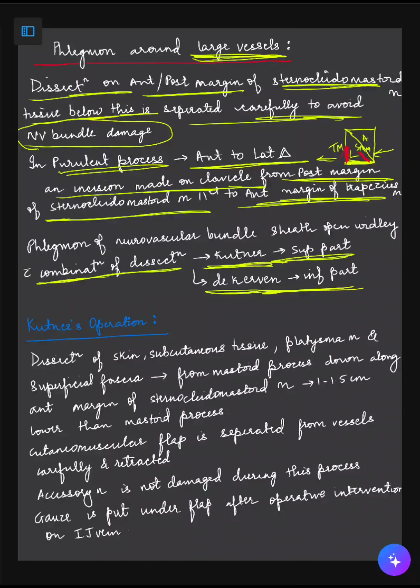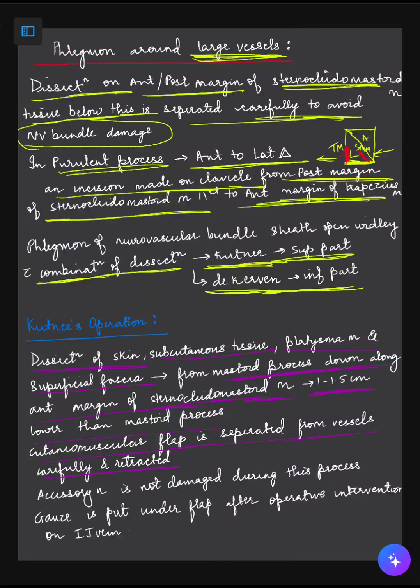First, we will do dissection of the skin, subcutaneous tissue, platysma muscle and superficial fascia. Now, from the mastoid process down along the anterior margin of the sternocleidomastoid muscle for about 1 to 1.5 centimeter lower than the mastoid process, cutaneomuscular flap is separated from the vessels carefully and retracted.